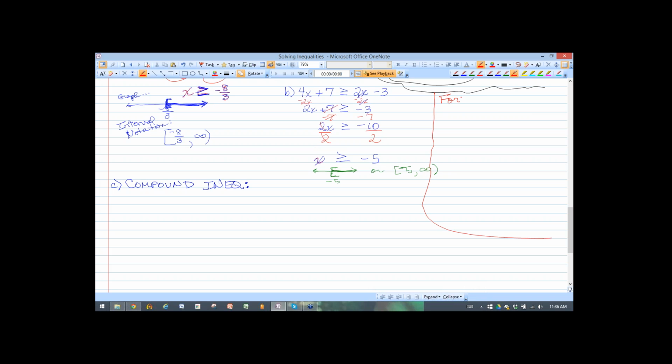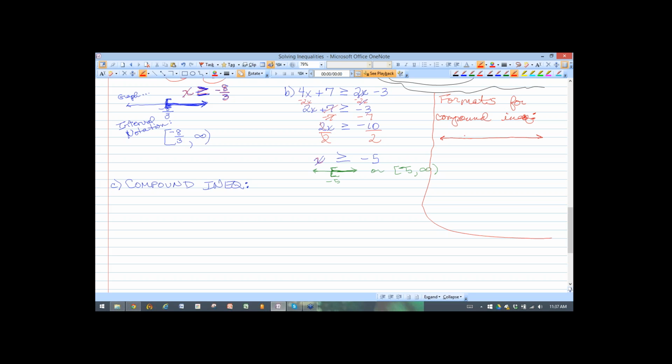And I'm going to put forms, or format, for compound inequalities, and I'm going to abbreviate that. Okay, so here's what the solutions look like on the number line.